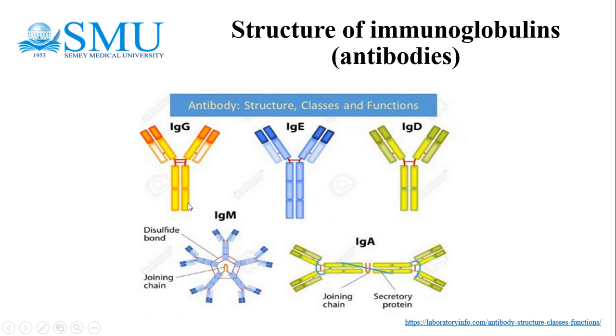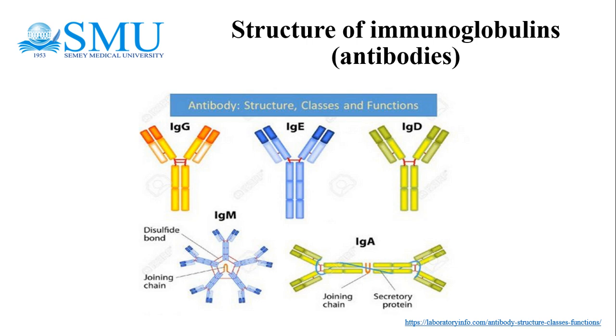All 4 heavy and light chains are bound to each other by disulfide bonds in this area, and by non-covalent interactions such as salt linkage, hydrogen bonds, and hydrophobic bonds.